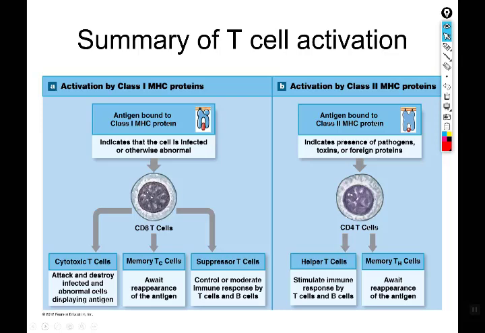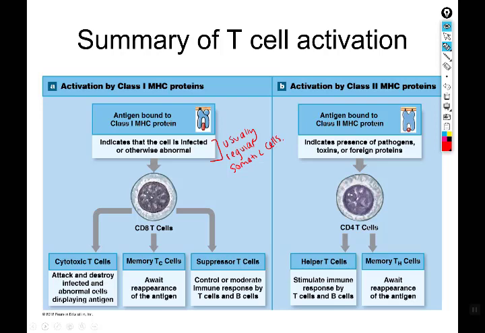Okay, so if we've got an infected cell, or a cell that is somehow abnormal, and keep in mind, typically these are regular somatic cells of some kind. But it's possible for cells that are members of the immune system to become infected as well. They're not bulletproof in that regard.